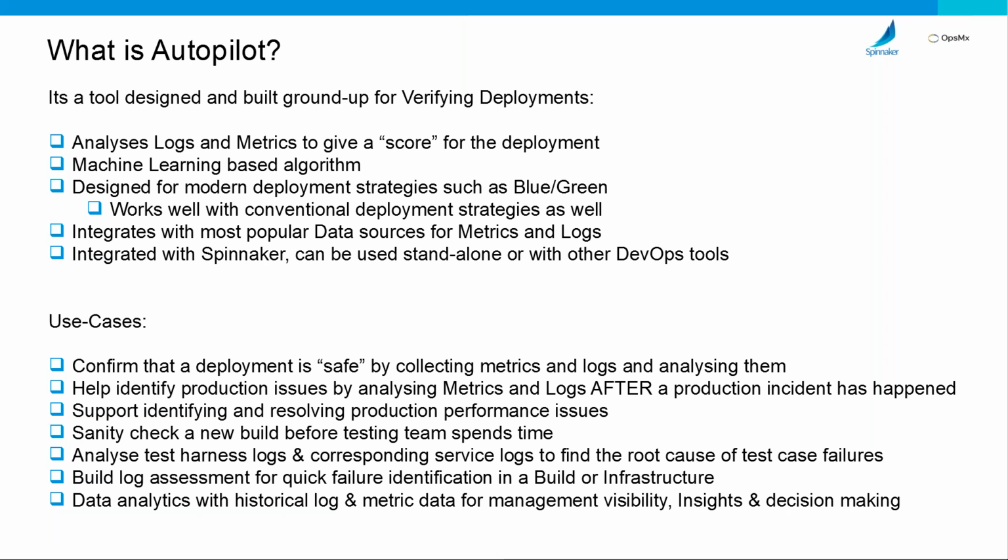And by doing statistical analysis and a machine learning based algorithm, it gives a score that says how safe it is to go ahead with the deployment or to continue with the deployment. So because of this two set comparison of metrics and logs, it presents a lot of interesting use cases.